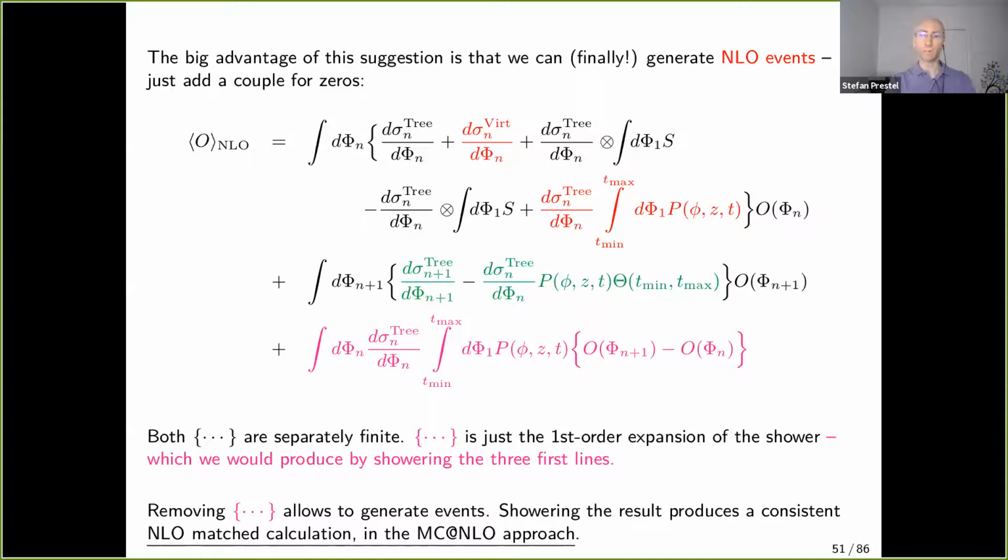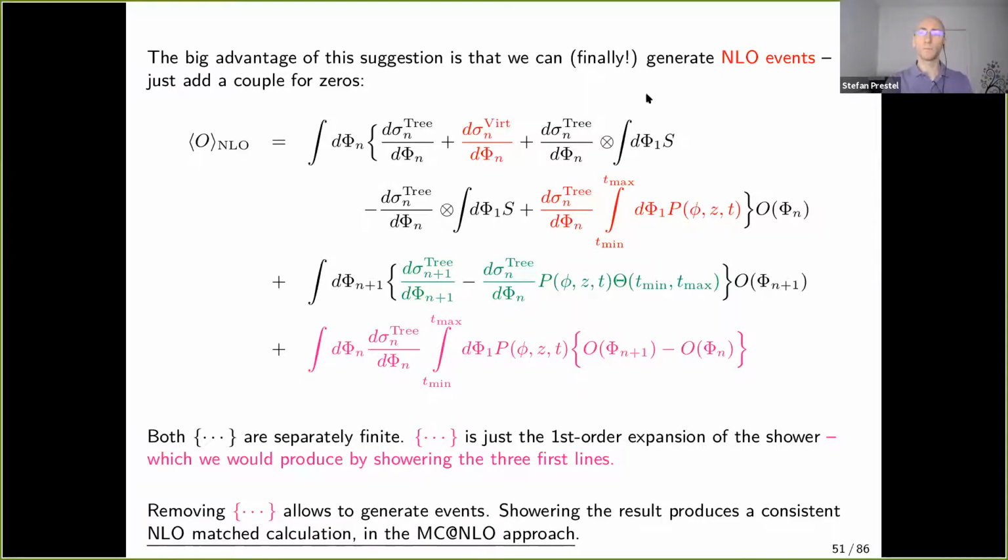However, what I've done is we have now managed to make these two black curly brackets separately finite. In the real emission contribution, you subtract out the real emission contribution's singularities with the same observable dependence as you would need for the real emission contribution. So this is a finite integrand that you can use in order to sample from.